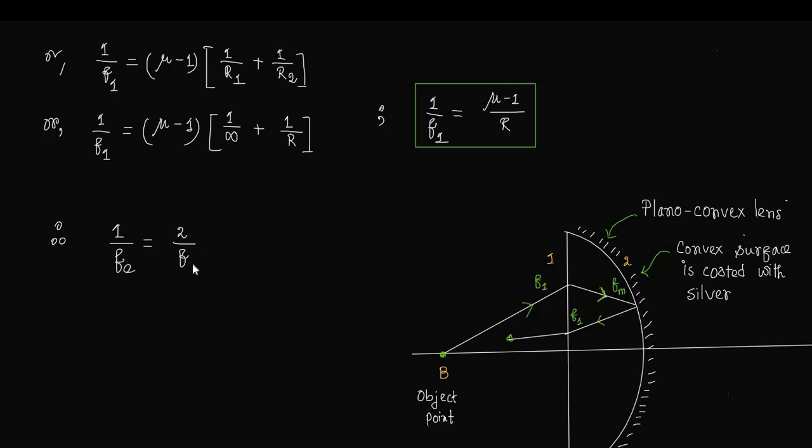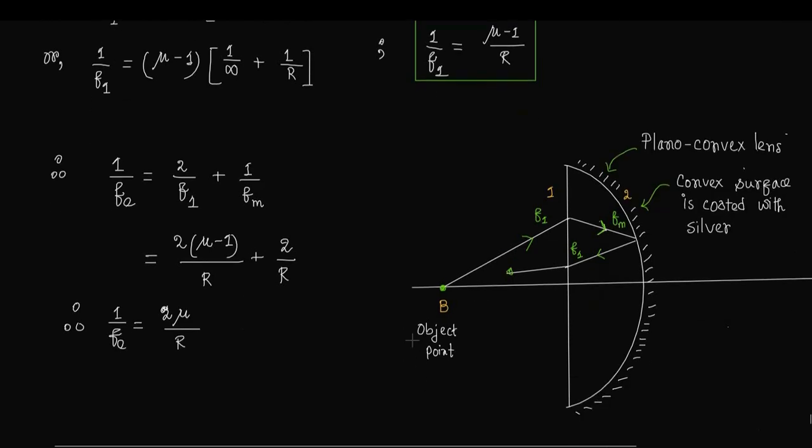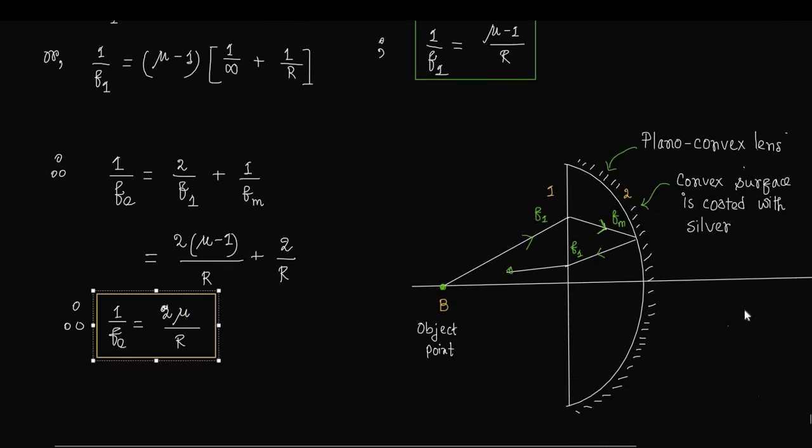Therefore, 1 by fe is equal to 2 by f1 plus 1 by fm. Putting the expression of f1, we get 2 into mu minus 1 divided by R plus 2 by R. Therefore, 1 by fe is equal to 2 mu divided by R. That is the expression of the reciprocal of the equivalent focal length of the plano-convex lens.